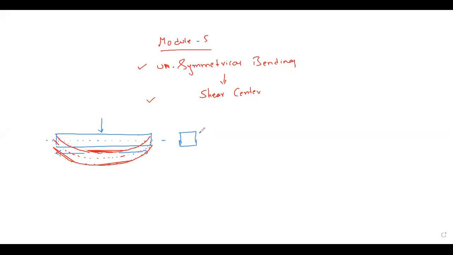The beam is bending in the Y direction. So this is called a uniform bending, which is taking place only in one direction.